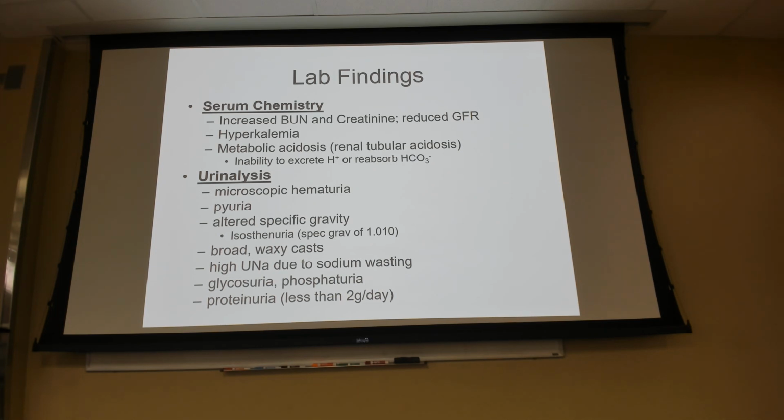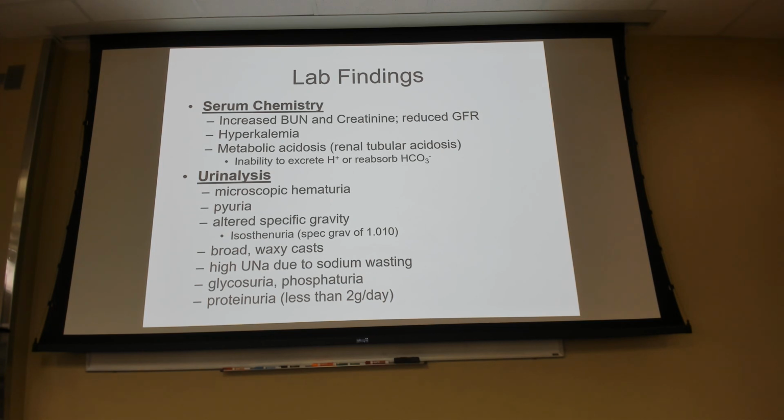We talked about increased BUN and creatinine, reduced GFR, signs of intrinsic renal disease, hyperkalemia, because of what I just said, and metabolic acidosis, because of the uremia, right? One of the mud piles in Goldmark. Urinalysis: hematuria, pyuria, broad and waxy casts. You remember those as evidence of chronic renal disease and stasis in the tubules. High urinary sodium, because why? Kidneys are broke, right?